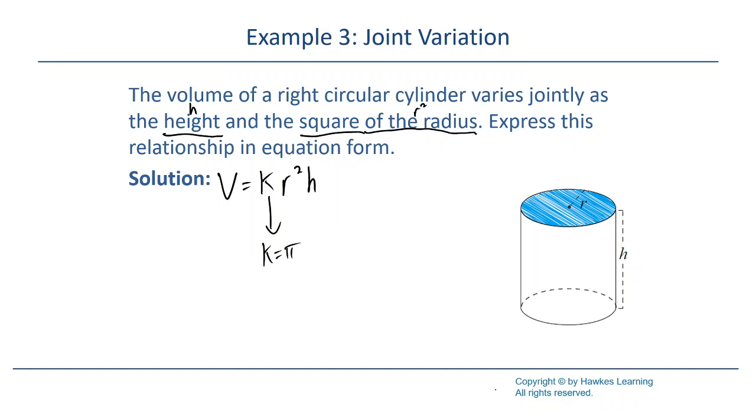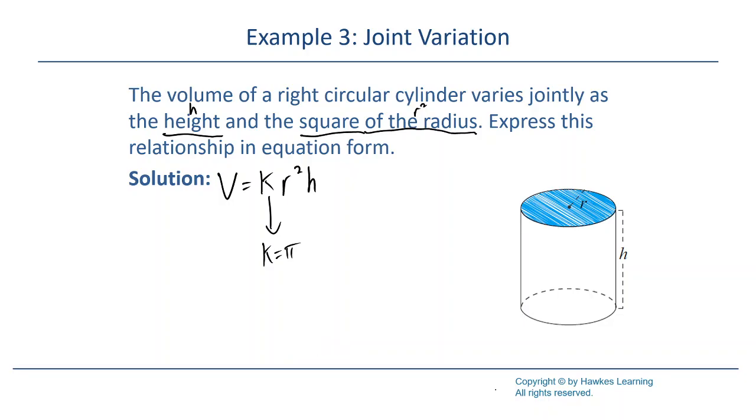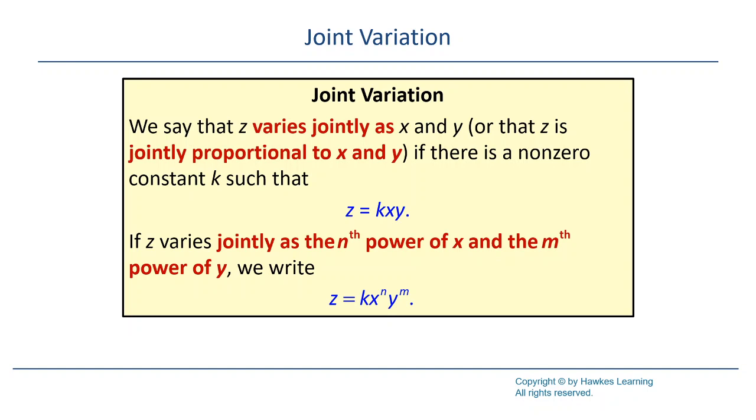If you were given a volume, a radius, and a height, it should come out to be a rough estimation of pi. If it was not, then you would have a cylinder that is physically impossible to make. Or you're living in a different reality where pi is a different number or a different ratio. And so this is kind of the multivariable function part. So joint variation kind of goes together with multivariable functions.